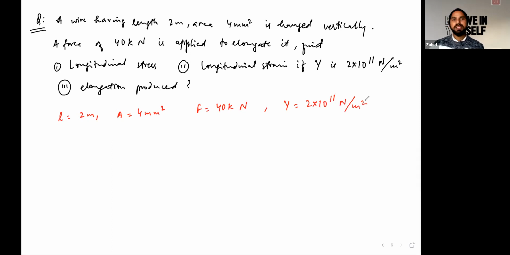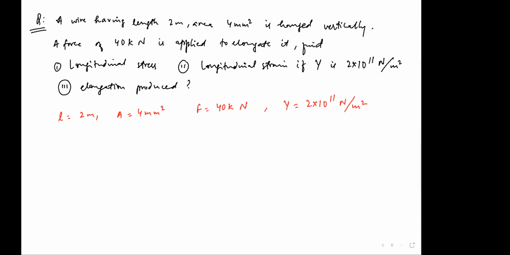Next, check whether all these quantities are in the same SI unit or in different units. They're in different units. The area of cross section is in millimeter square.